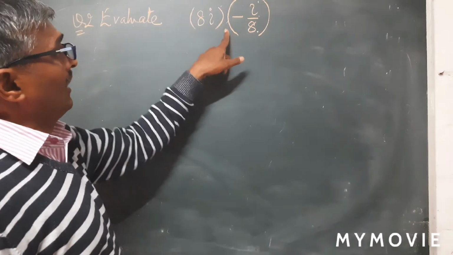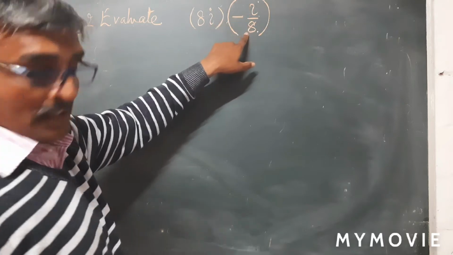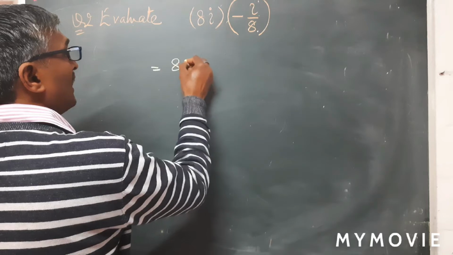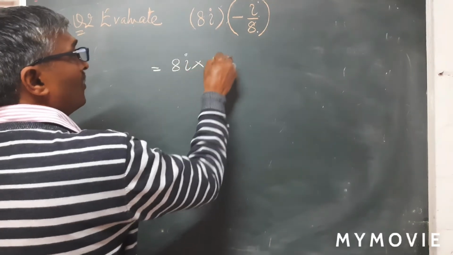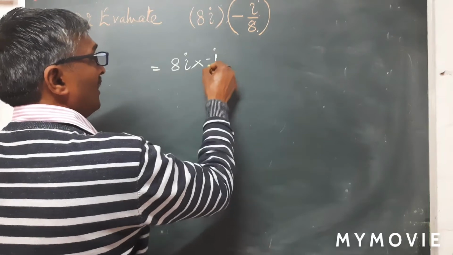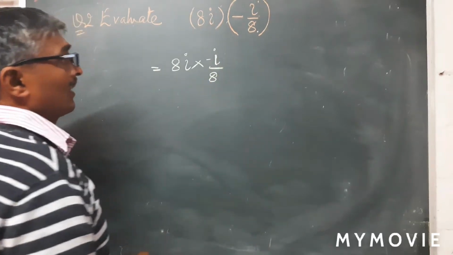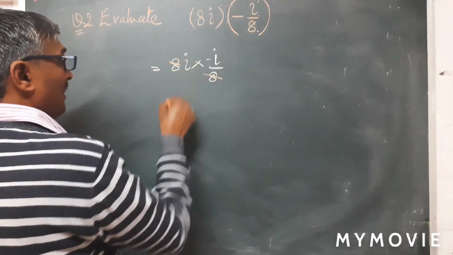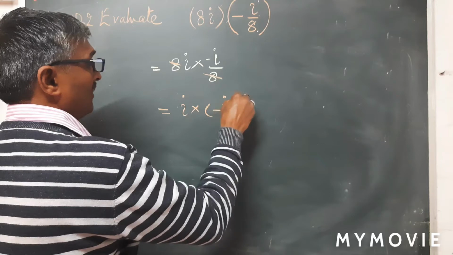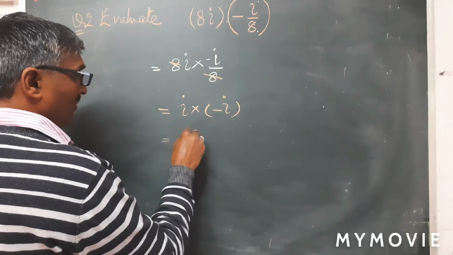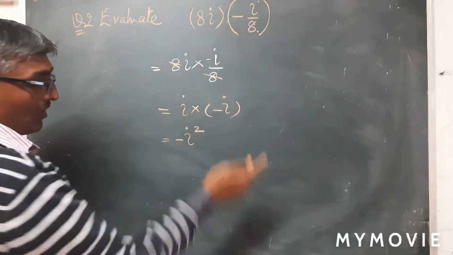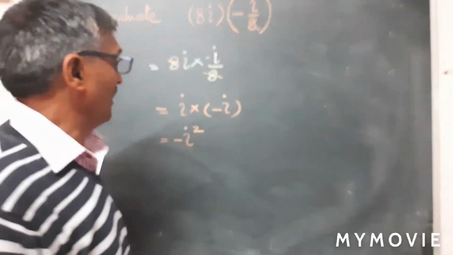Evaluate 8 iota into minus iota upon 8. Let us solve it. This is equal to 8 iota into minus iota upon 8. 8 से 8 कट गया, क्या रह गया? Iota into minus iota, that is equal to minus iota square. Powers are added because the bases are same.